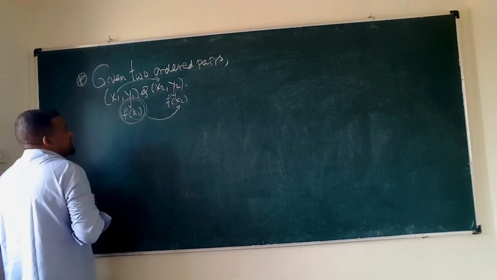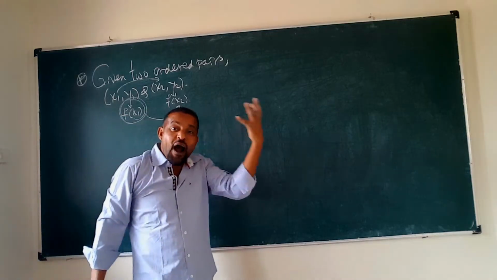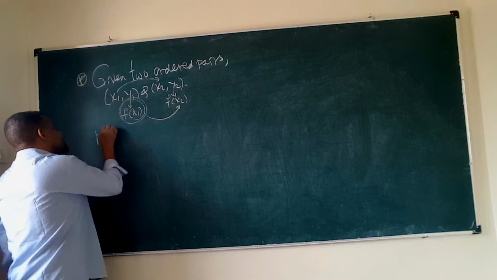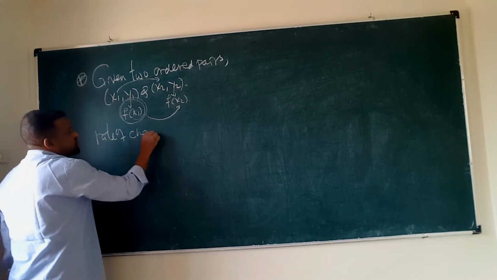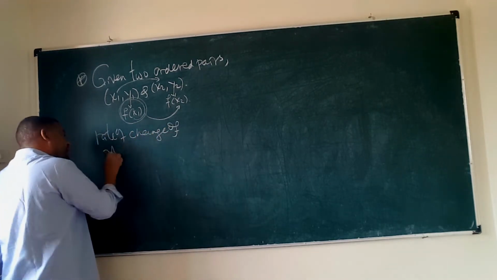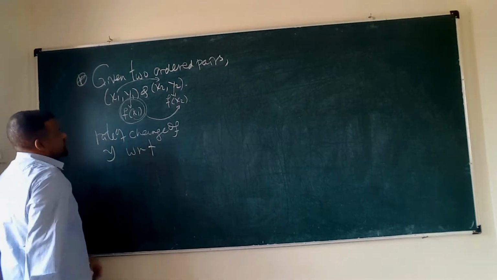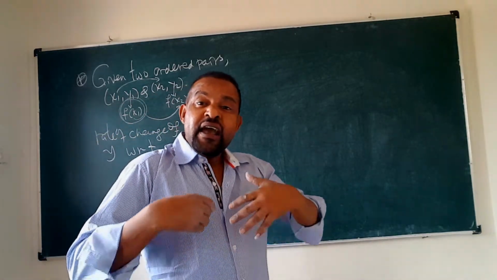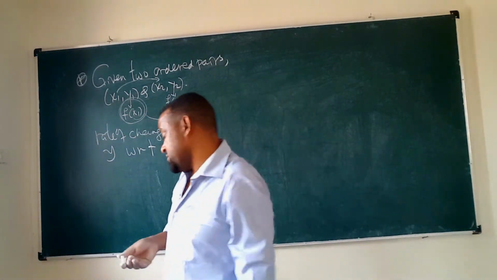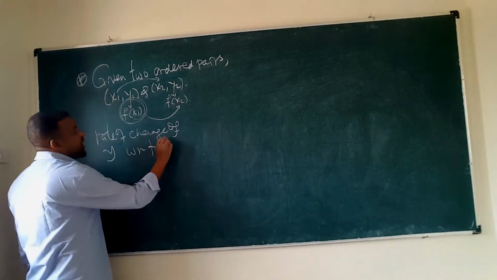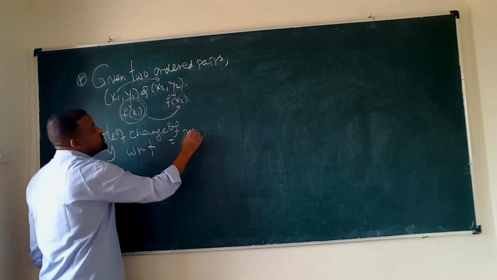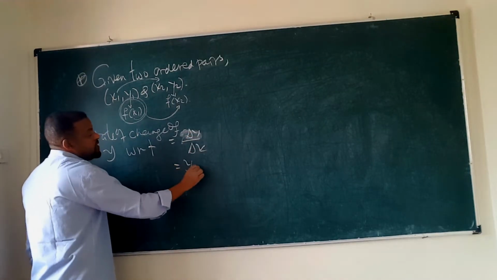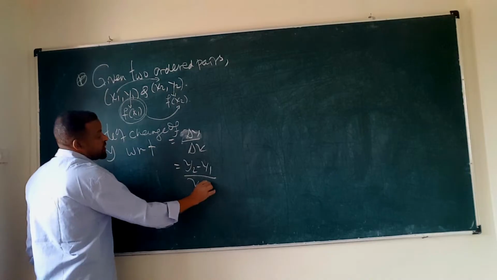So given two ordered pairs, the rate of change of y with respect to x, or the rate of change of f of x with respect to x. So the rate of change of y with respect to x is, that means change in y over change in x ይሆናል። That means y2 minus y1 over x2 minus x1.